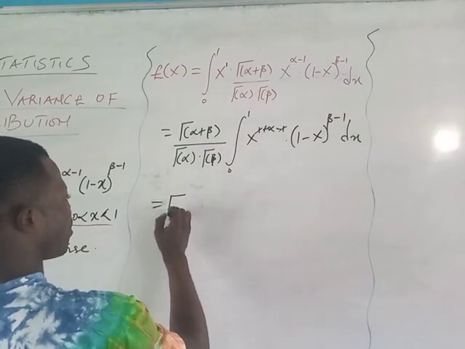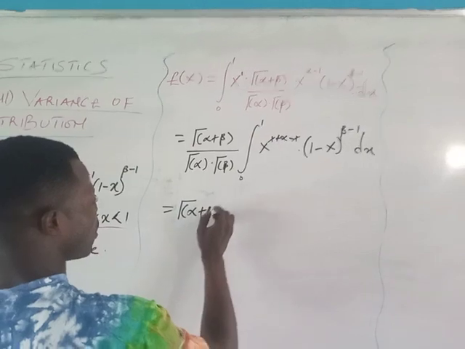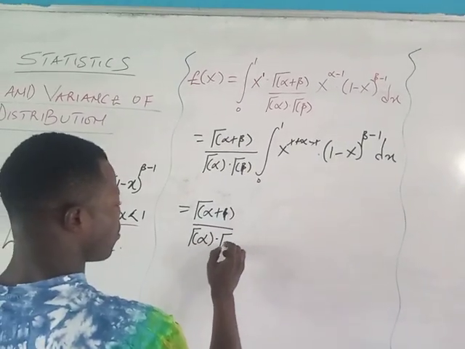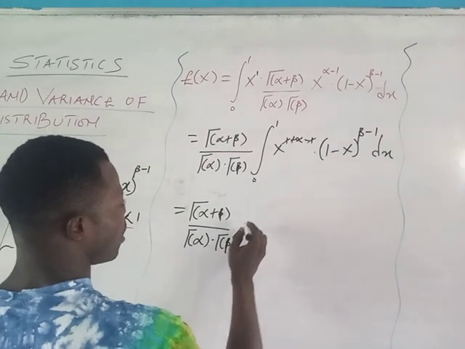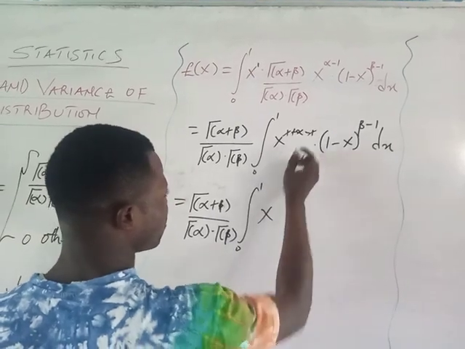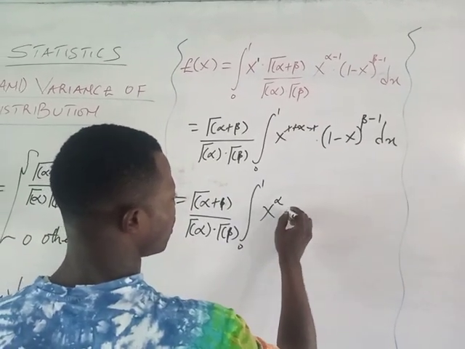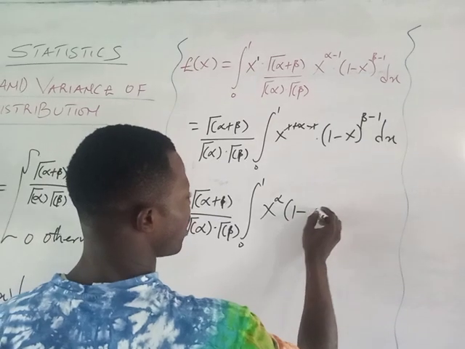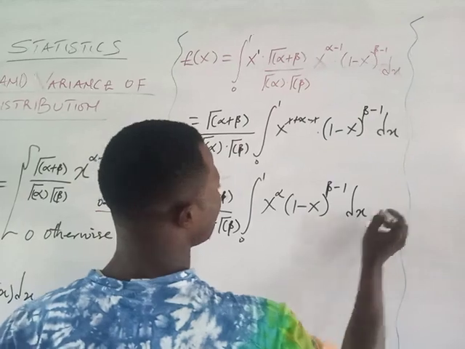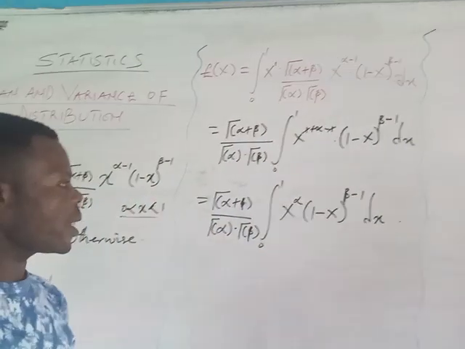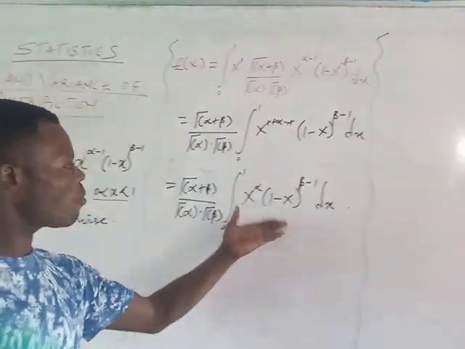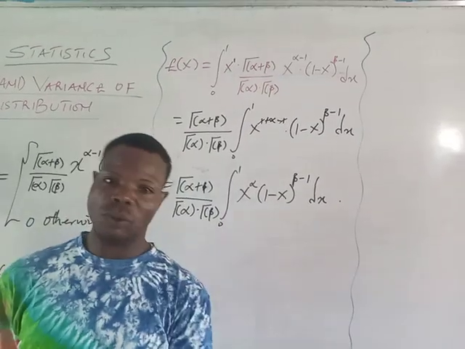We are going to have gamma alpha plus beta all over gamma alpha times gamma beta, integral 0 to 1 of x raised to the power of alpha into 1 minus x raised to the power of beta minus 1 with respect to x.